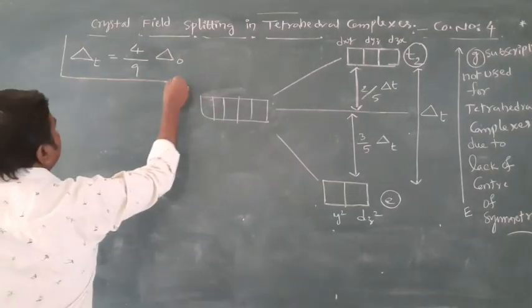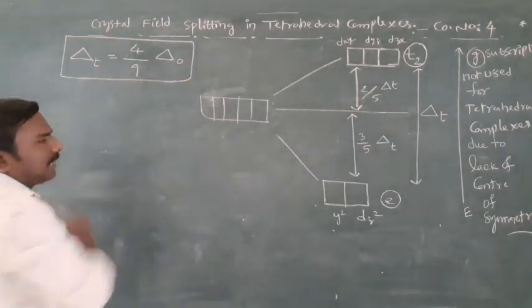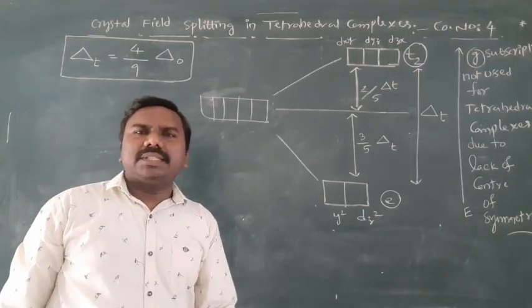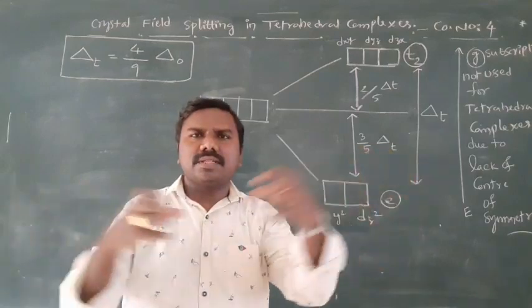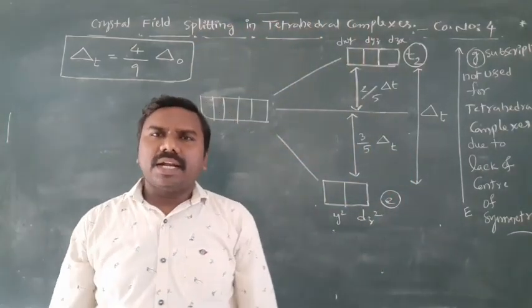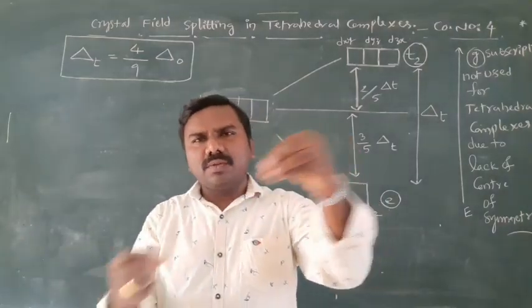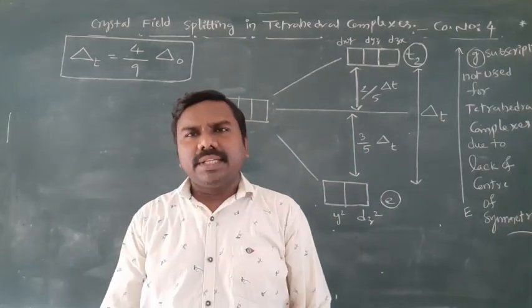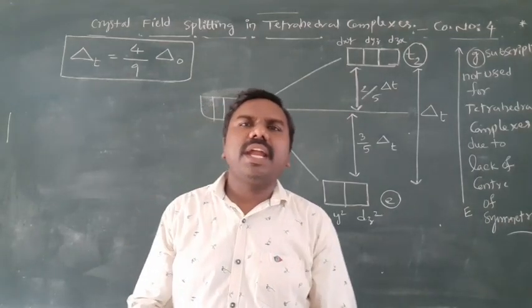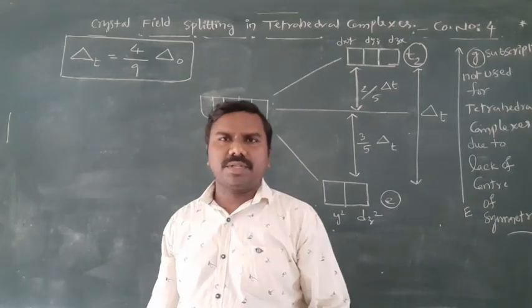This formula is very, very important. This is experimentally determined. In octahedral complexes, 6 ligands are there, obviously 6 repulsions. In tetrahedral complexes, only 4 ligands, only 4 repulsions. 6 ligands means more repulsions, 4 ligands means fewer repulsions.